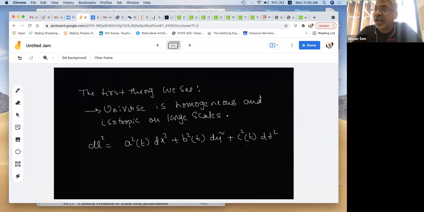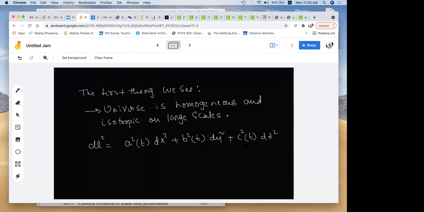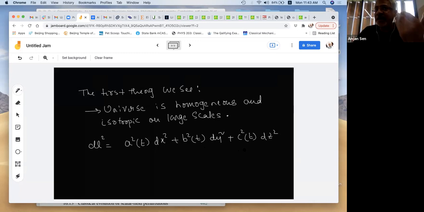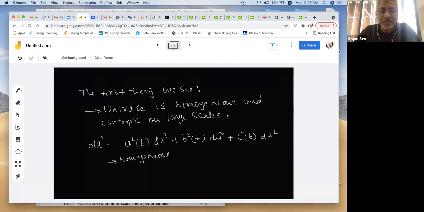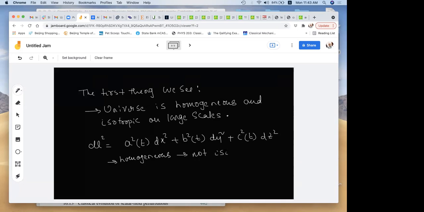But this metric is not isotropic, because the x direction is stretched by a factor a(t), the y direction by a factor b(t), and the z direction by a factor c(t). Fine. So all these directions stretch in different fashion. I can call this metric homogeneous because there is no space dependence, but this metric is not isotropic.